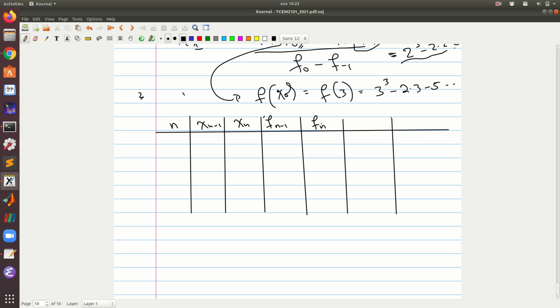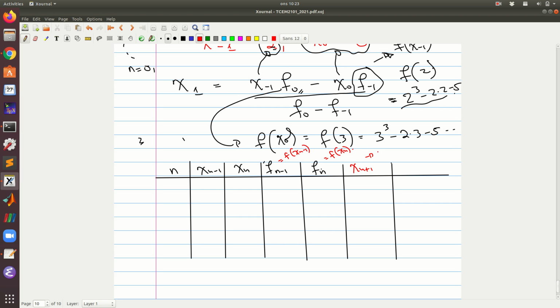Remember, this one here we said is f at xn minus 1, and this one here is f at xn. And then we need the root xn plus 1. And how do we find xn plus 1? The formula is just above us there.